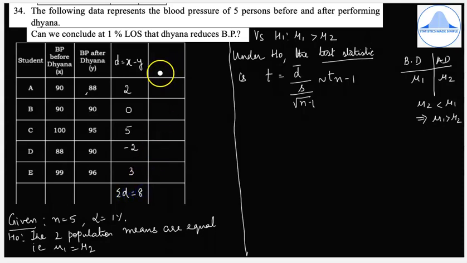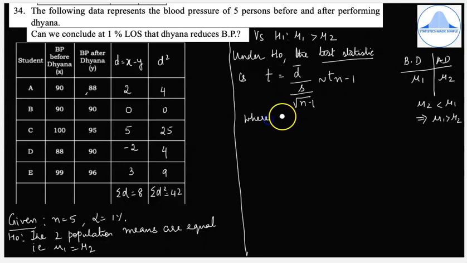Then let us calculate D square. So 2 square is 4, 0, 25, 4 and 9. So summation D square is equal to 42.